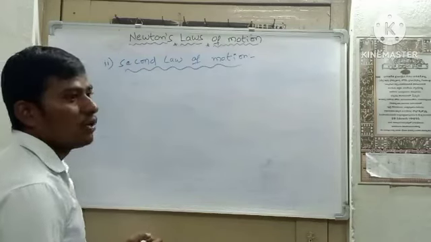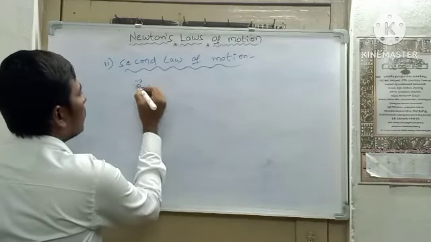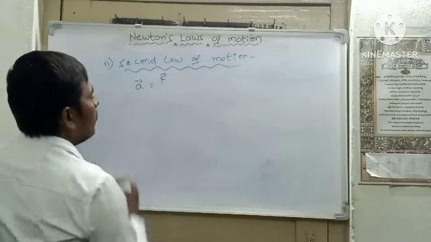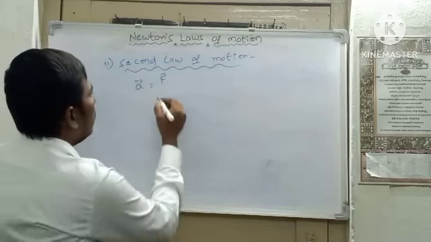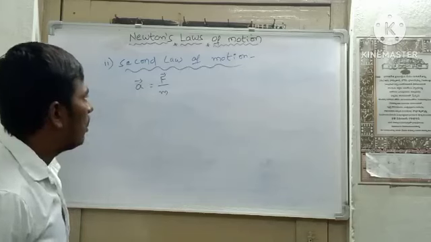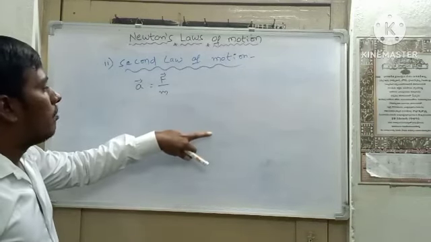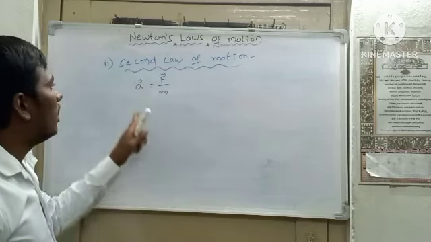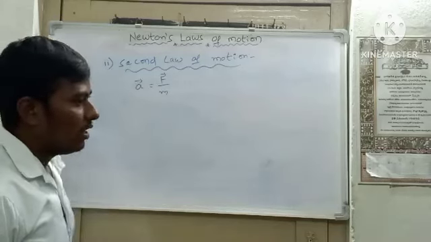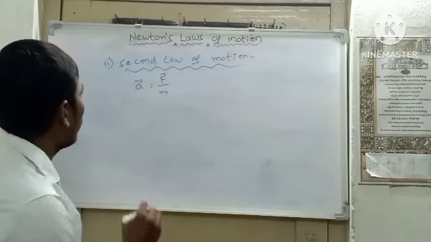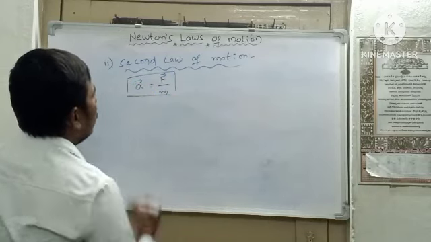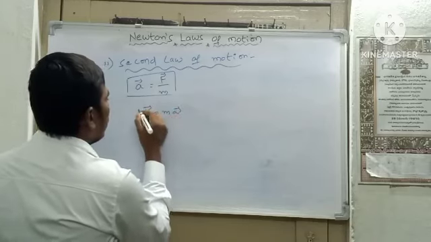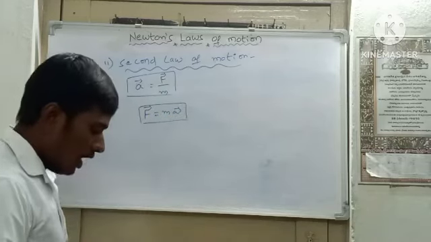So mathematically we can write acceleration of the particle is equal to the sum of all the forces acting on the particle divided by m. So this is Newton's second law, or force equal to ma. Force equal to mass into acceleration.